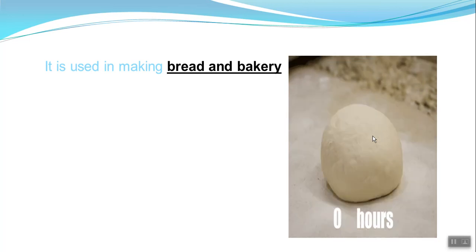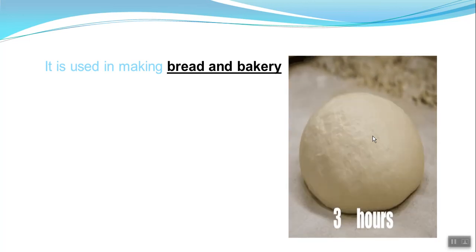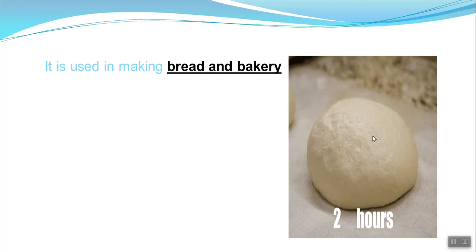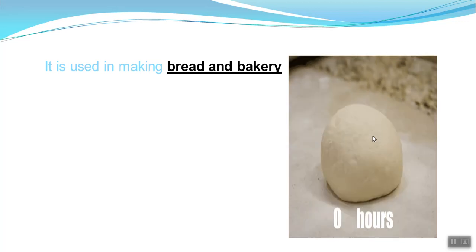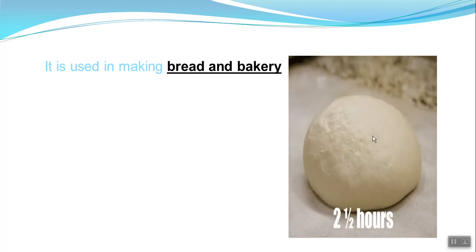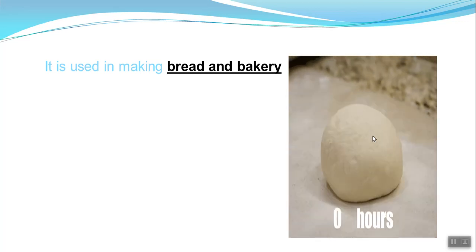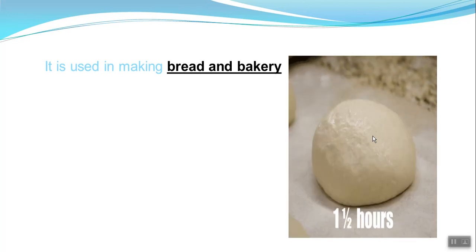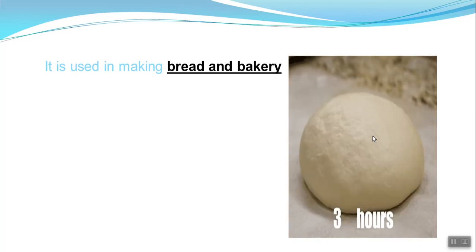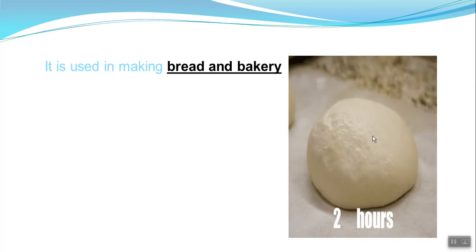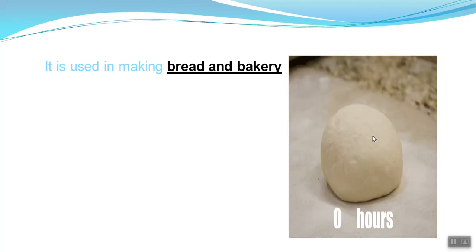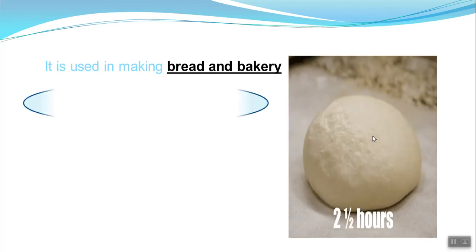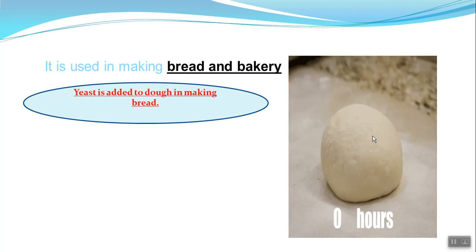Because when I put the yeast over the dough, carbon dioxide gas is produced and makes the dough bigger and bigger. And after that, you will find that its taste is nice and it is fluffy or bubbled because of the carbon dioxide.